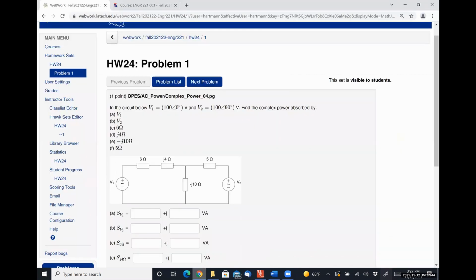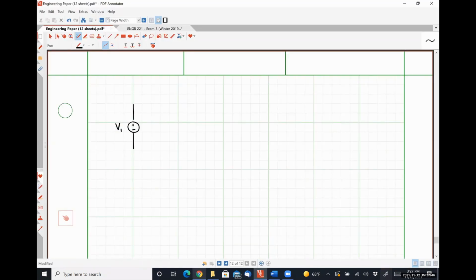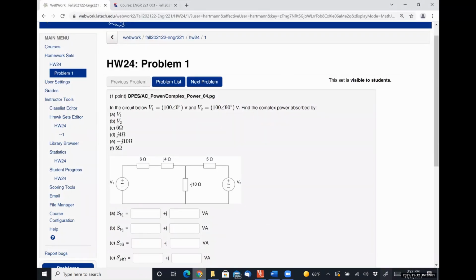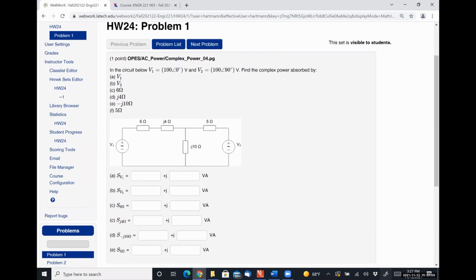I have a voltage source V1, and I want to be clear about this. If we look at the problem, the units on V1 are volts, which means we are given a phasor voltage and not an RMS phasor voltage. The reason why that is important is because we are determining complex power for all of the parts of the problem, which means we're supposed to be working with an RMS phasor voltage.